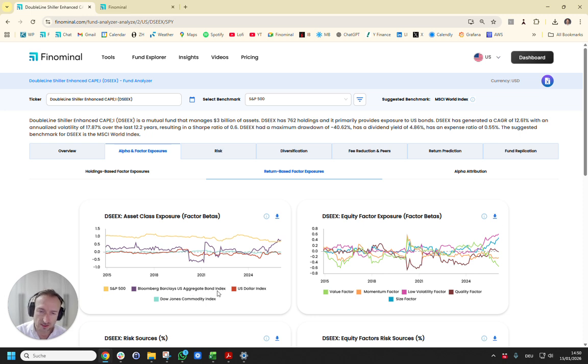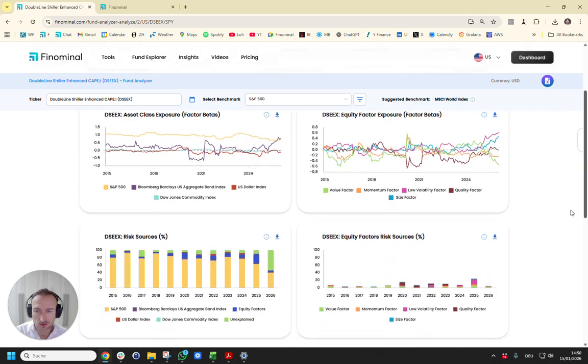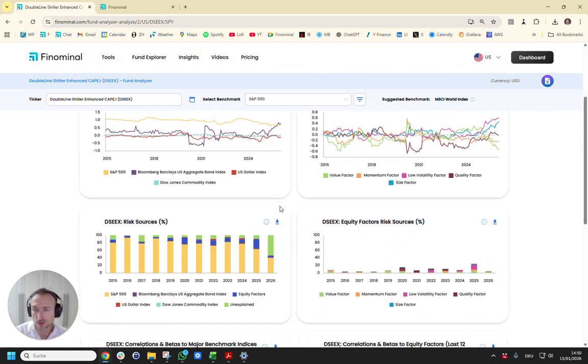We do see a slight negative exposure to the US dollar index, which simply highlights that there's been exposure to international bonds for some time. If we switch this to a risk sources analysis, we do see that almost every year it's effectively the equity market that dominates the risk. We can see hardly any bond exposure.